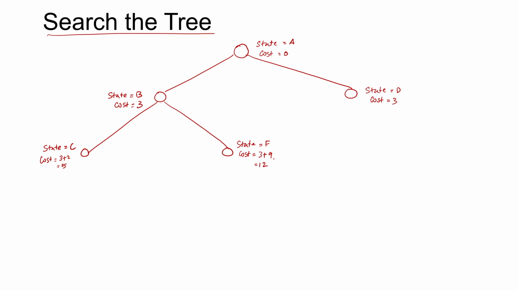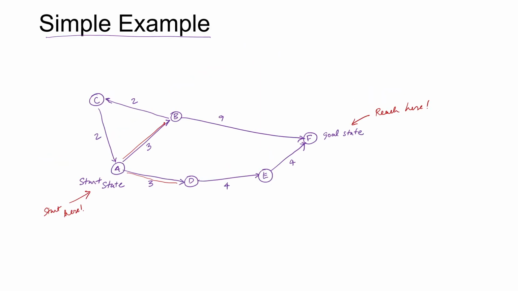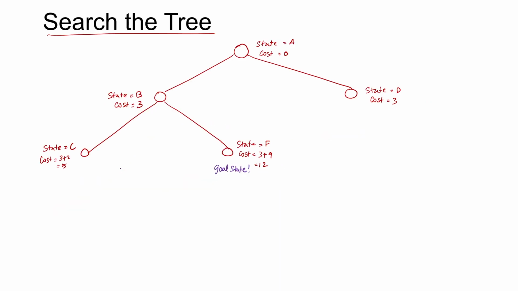But when I reach here, F is my goal state. I reach the goal, right. So, then at C, when I reach C, what will happen? From C I can only go to A, right. So, below C I am just drawing that, just to make your life easy.